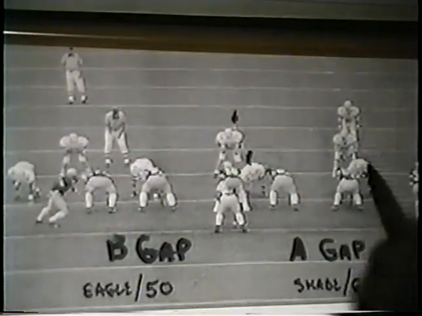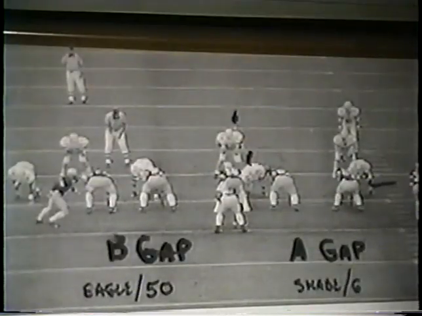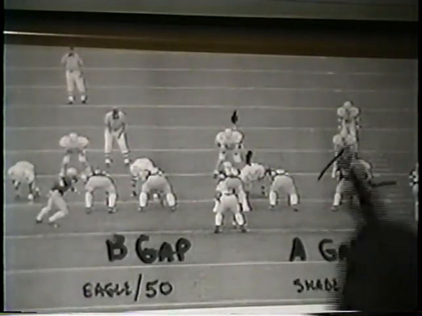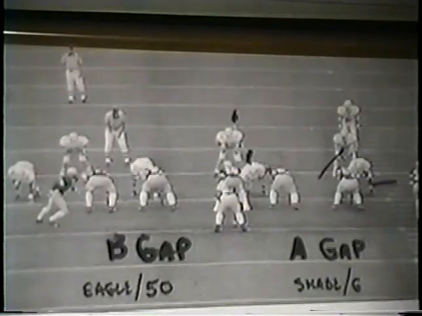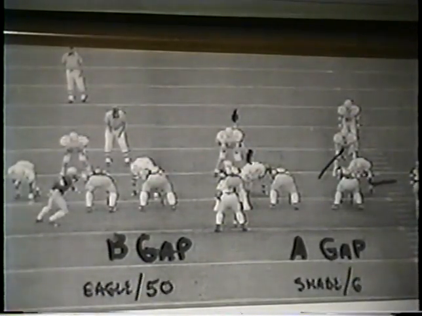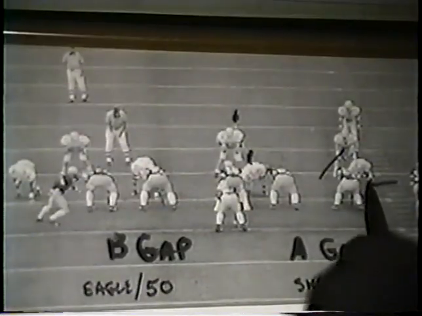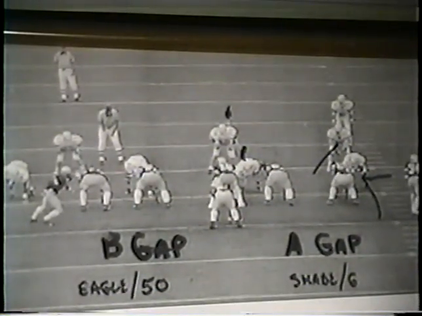But the problem with reading stacks is if the 5 technique does stay flat and the linebacker comes screaming, there's no problem, because you can just pull the ball. A defensive 5 technique isn't going to trick the quarterback with any kind of slow play, because he can just run to and get the ball pitched. The problem occurs if this 5 technique gets up the field on the snap.